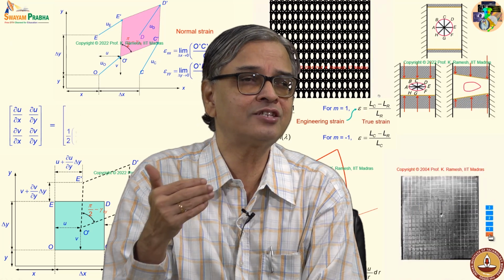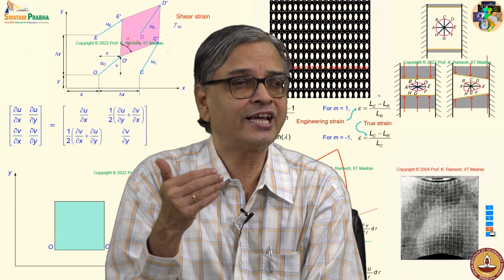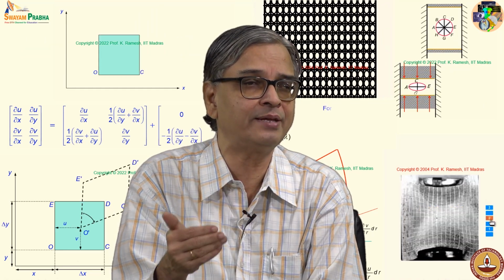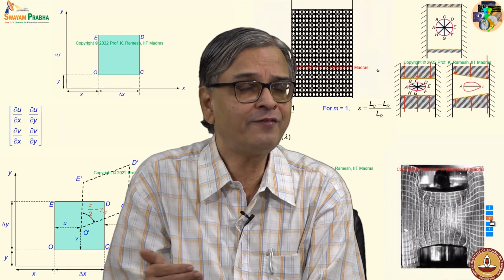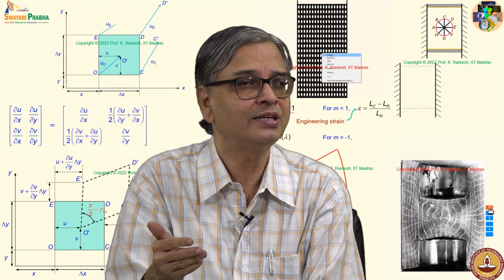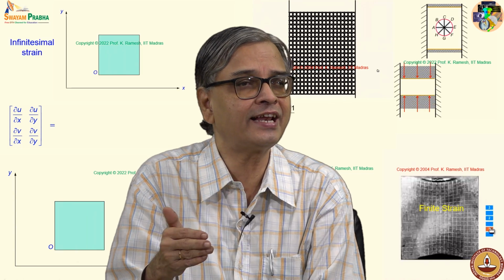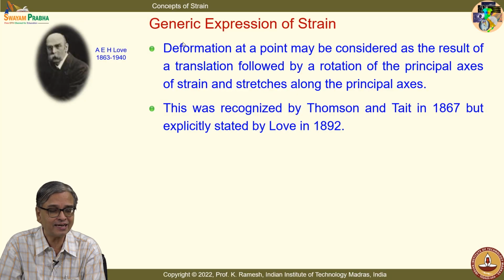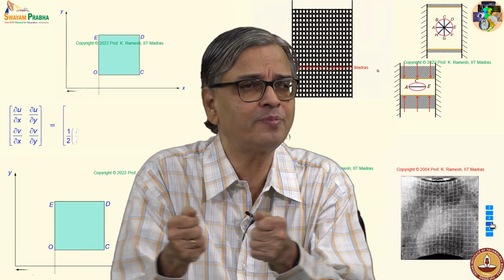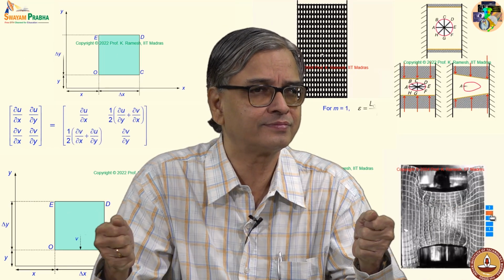Similar thing happens in strain also. Strain also can be expressed as a matrix with all non-zero elements. If I refer it with respect to principal direction, I will have only diagonal elements, the rest will be 0. When I express this as diagonal elements, you can recognize that these are nothing but stretches. It could be stretches or it could be contraction, either of the two.